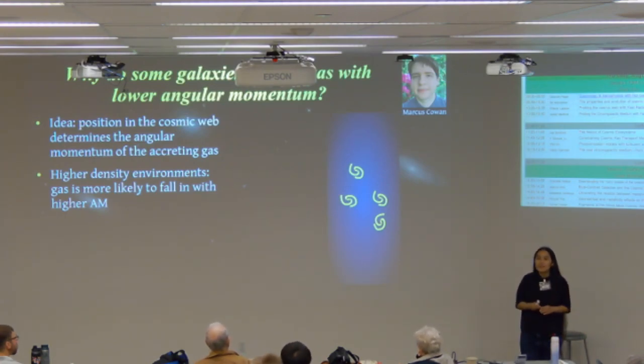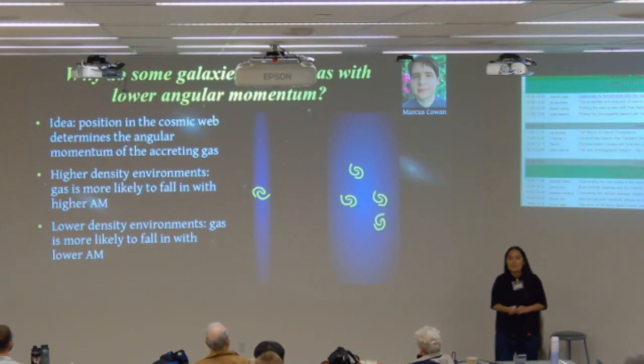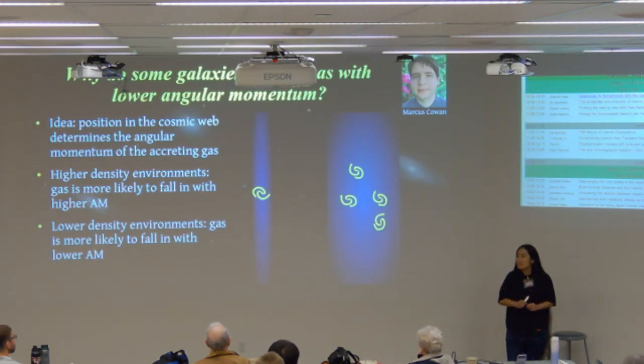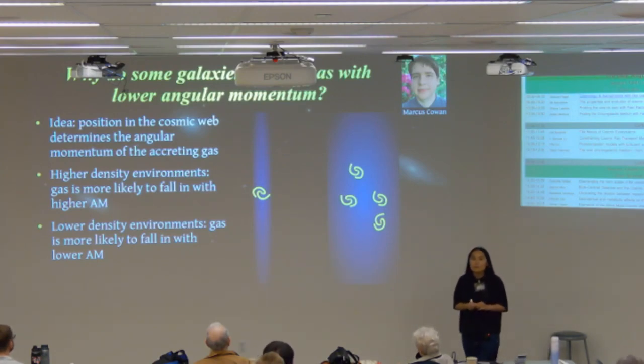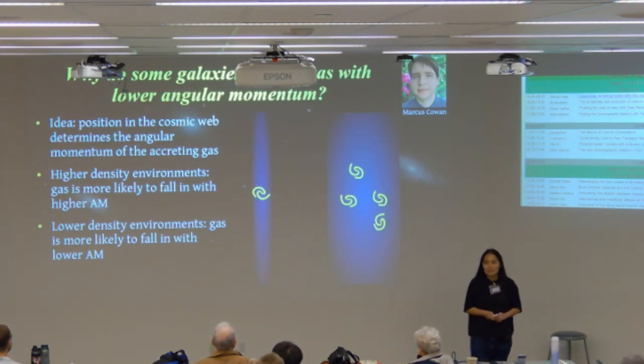So you might get a little bit more accretion with higher angular momentum. However, if you're in one of these really thin gossamer filaments, then you're more likely to be right near the center of it, and you're more likely to have gas fall in with lower angular momentum. So this was the idea that we wanted to test in the simulations, in TNG100 in particular, at redshift 0.